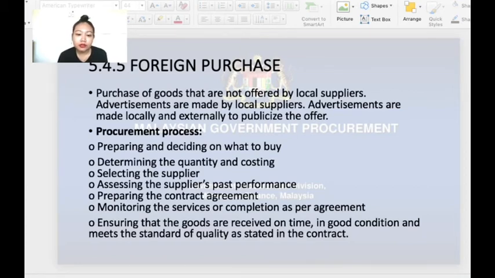Next, determining the quantity and costing. Selecting the supplier, followed by assessing the supplier's past performance. Preparing the contract agreement, and also monitoring the services or completion as per agreement. And then last but not least, ensuring that the goods are received on time, in good condition, and meets the standard of quality as stated in the contract here.